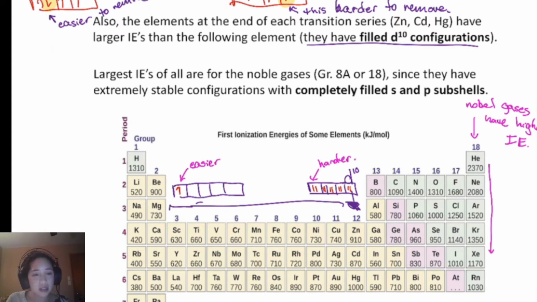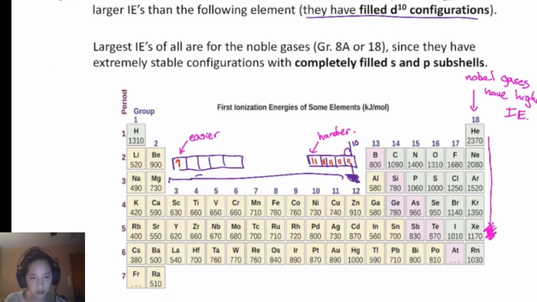You tend not to see molecules with neon or argon; those are inert gases. But as we go down the group, it does tend to get easier to remove an electron. Once you get to xenon, you do see different xenon compounds. They're hard to make, but people have isolated them, because it is a lot easier to remove an electron from xenon versus a helium atom. So that's just my little aside there.